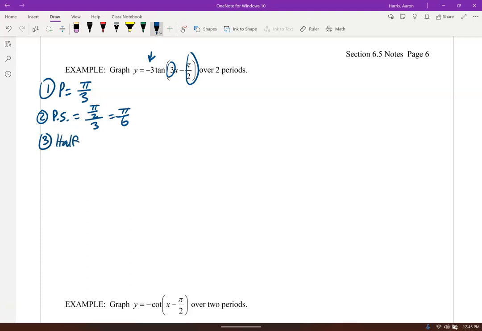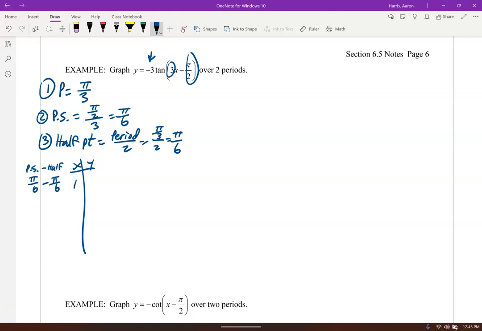Our half point is the period over 2, so pi thirds over 2. So that's pi over 6, which is actually our half point. And remember with the tangent, we're going to take the phase shift minus the half point.